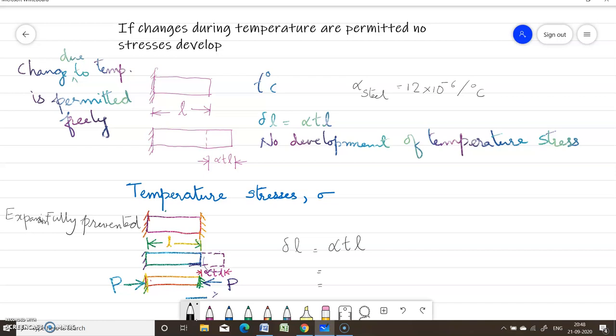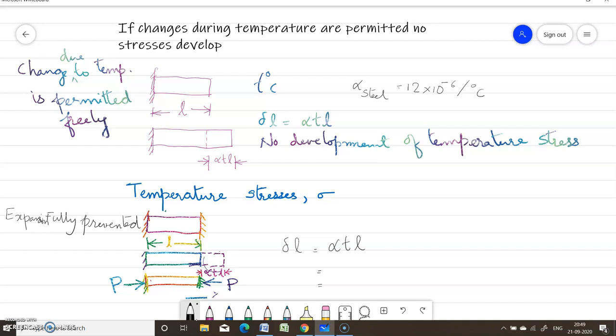So this support force P is such that it causes a shortening delta L, which is equal to alpha into T into L of this bar. That is, this support is preventing the expansion due to the force P exerted by the support.